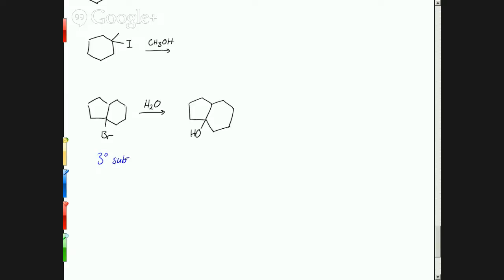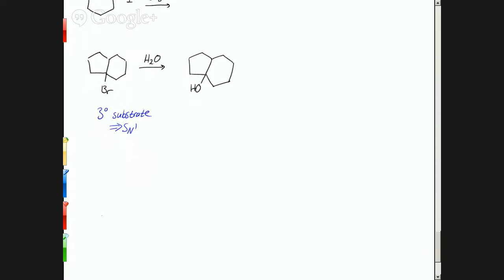And now, without even going into anything else, we can say that this is likely to go by an SN1 type mechanism. When we get into elimination, it won't be that easy because tertiary substrates can also do elimination. But for now, we know that that's definitely not going to do SN2.